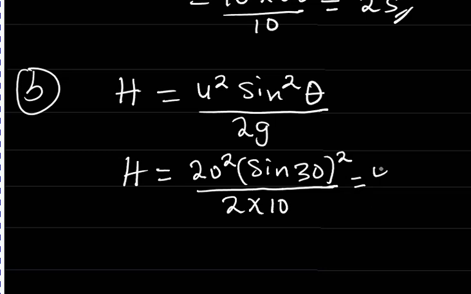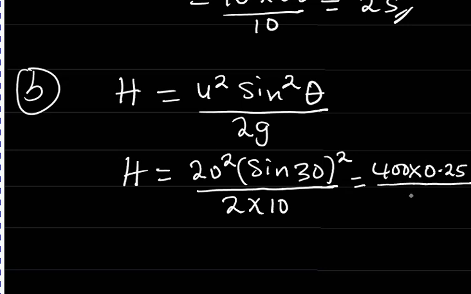20 square is 400. Sine theta is 0.5, and 0.5 square is going to be 0.25.